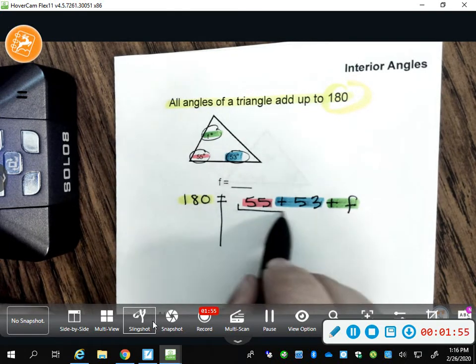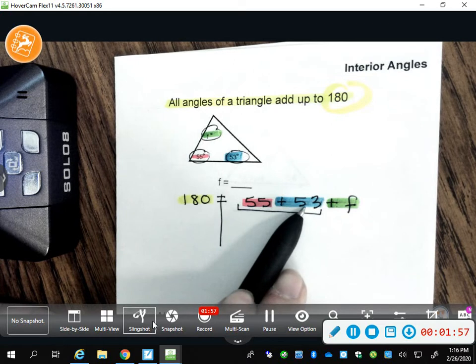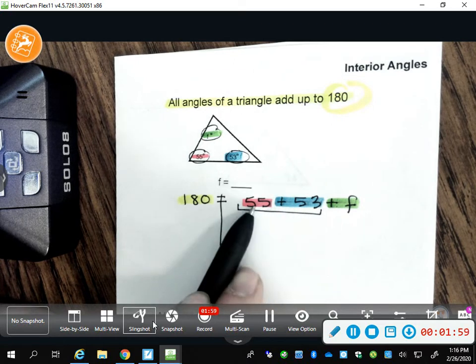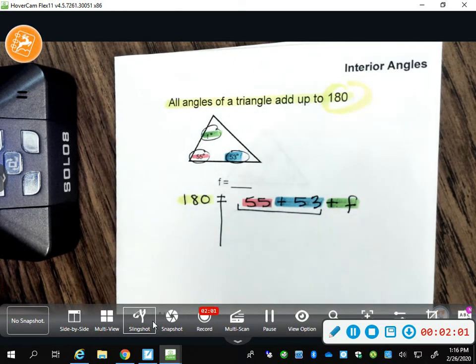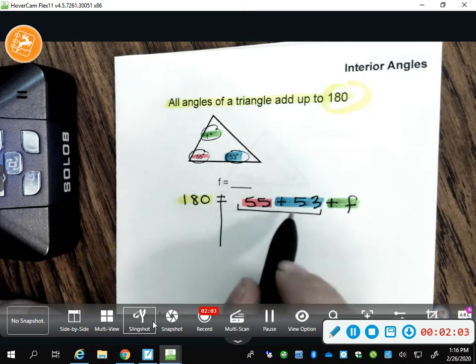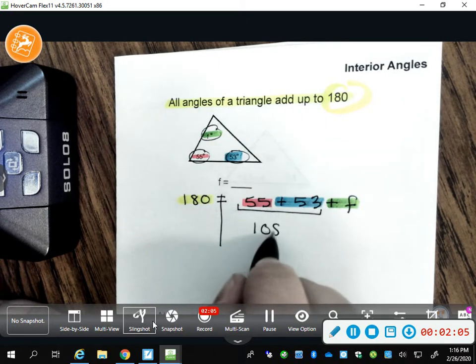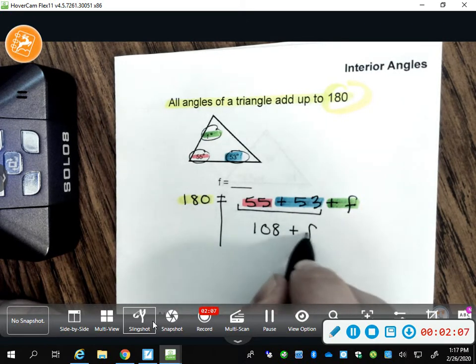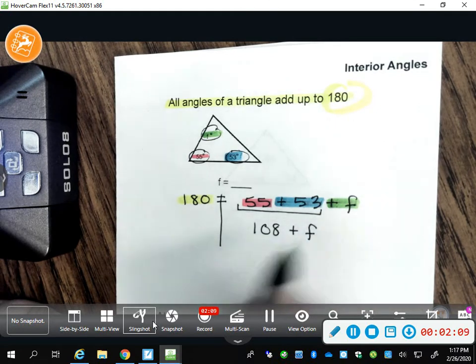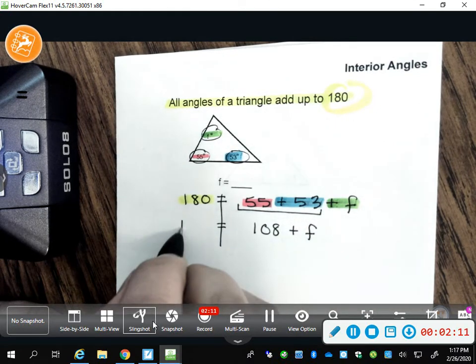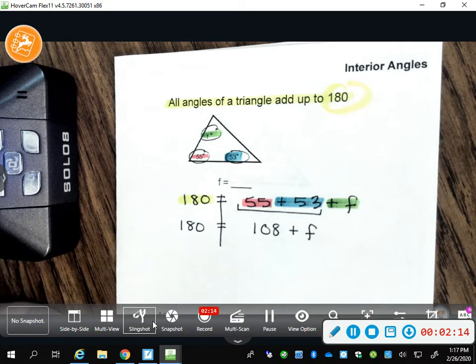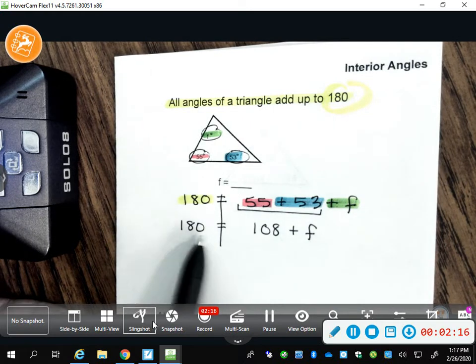On the right side of the equation, 55 and 53 are like terms, so I can combine 55 and 53 by adding them together. 55 plus 53 is 108 plus F, still on that right side. On the left side, we have 180. My goal is to get all of my variables on one side.